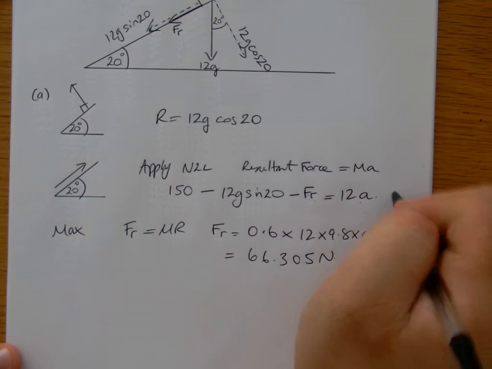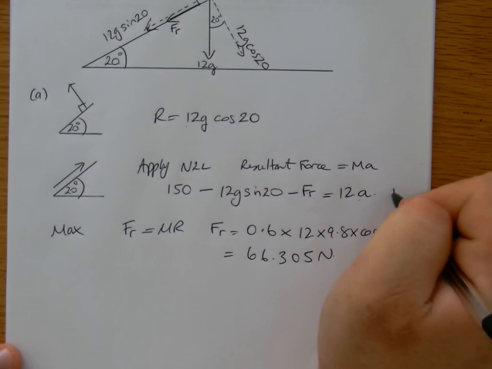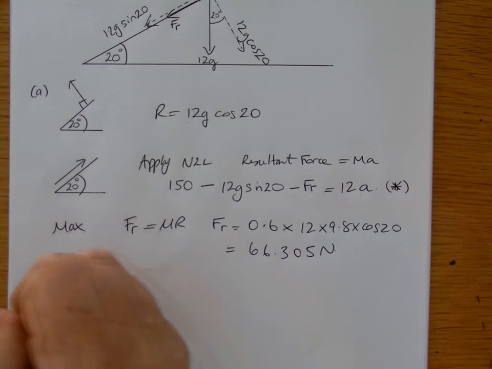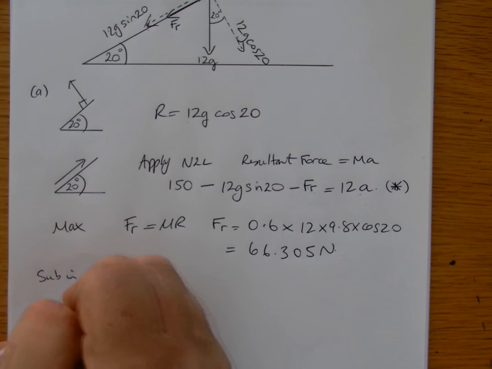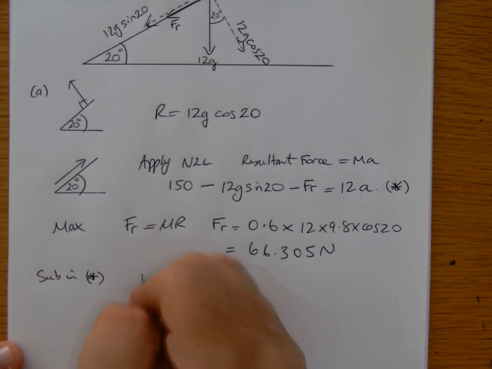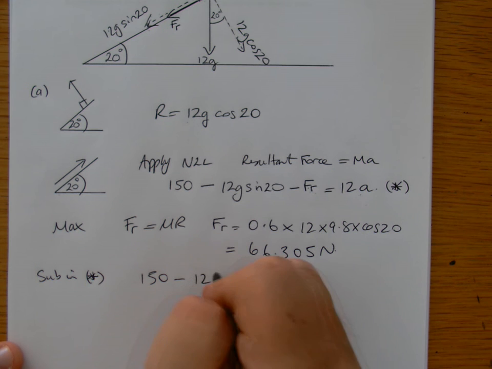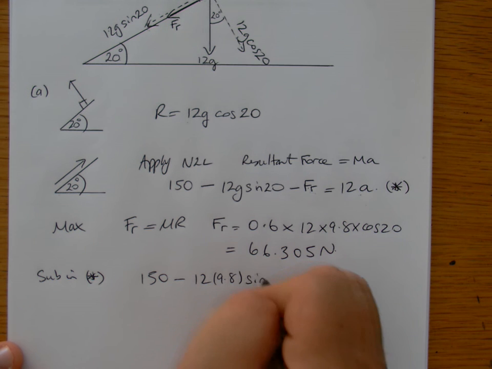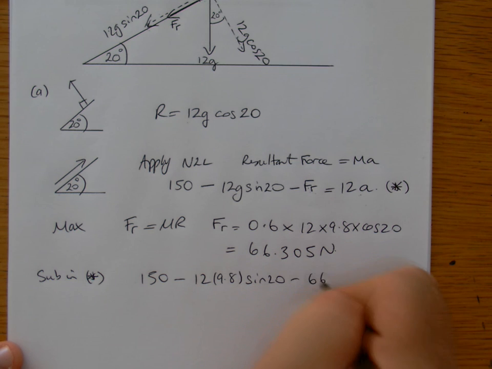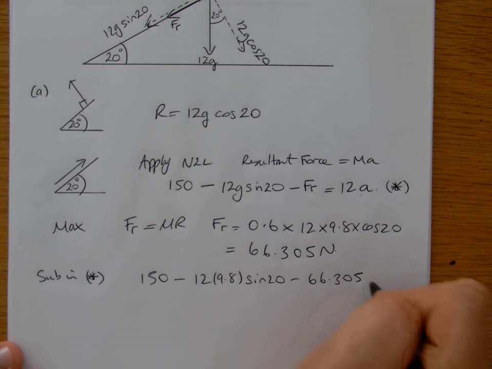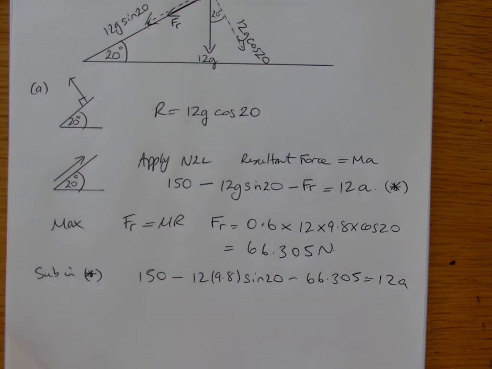If you want, we can call these equations 1, 2, 3. Let's just call this one star. Sub into star: 150, take away 12 times 9.8 times sine 20, take away friction, which is 66.305, equals the mass, which is 12a. So I'm literally going to type all that in one go.